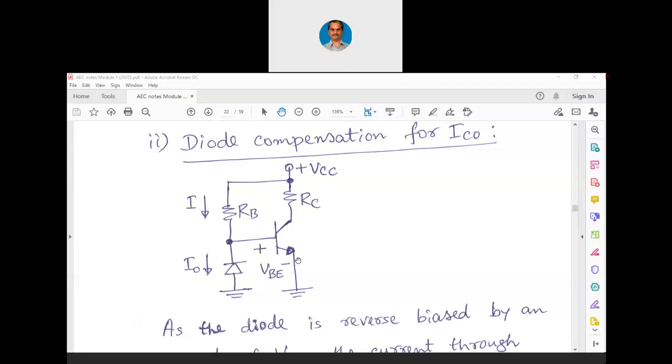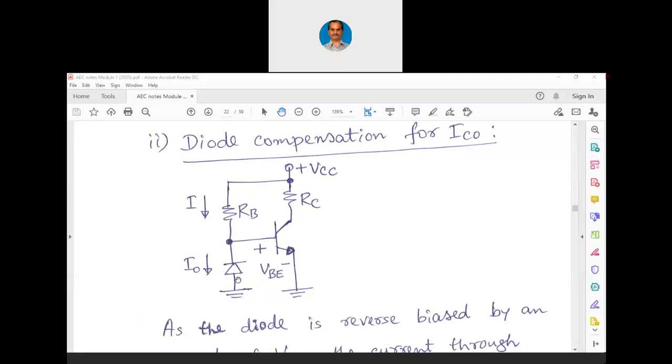So if temperature increases, then if at all there is a change in this ICO which is flowing through the base to emitter junction, there is another diode connected in the other direction, and that same change will occur here also in the other diode.